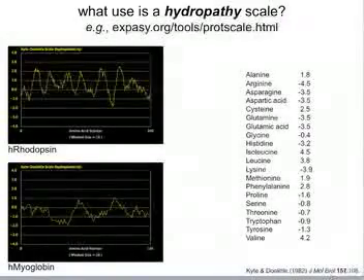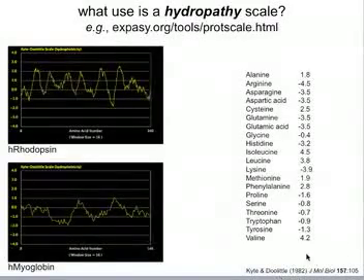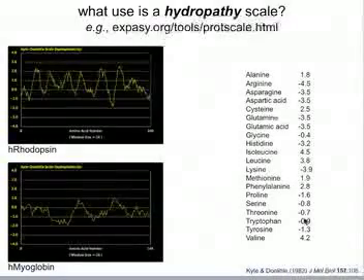I'll point out as well that here's the so-called Kyte and Doolittle scale published back in 1982. This is still a commonly used hydrophobicity scale, but I'll point out to you that tryptophan doesn't appear to be the most hydrophobic molecule. This isn't a free energy, by the way. This is just a relative hydrophilicity or hydrophobicity.